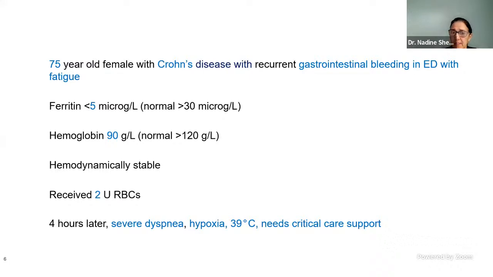Her hemoglobin is 90. However, she's hemodynamically stable. Two units of red cells were requested for her, and not surprisingly, within 4 hours she developed severe dyspnea and hypoxia, her temperature is 39 degrees, and she needs critical care support. This could potentially have been avoidable.